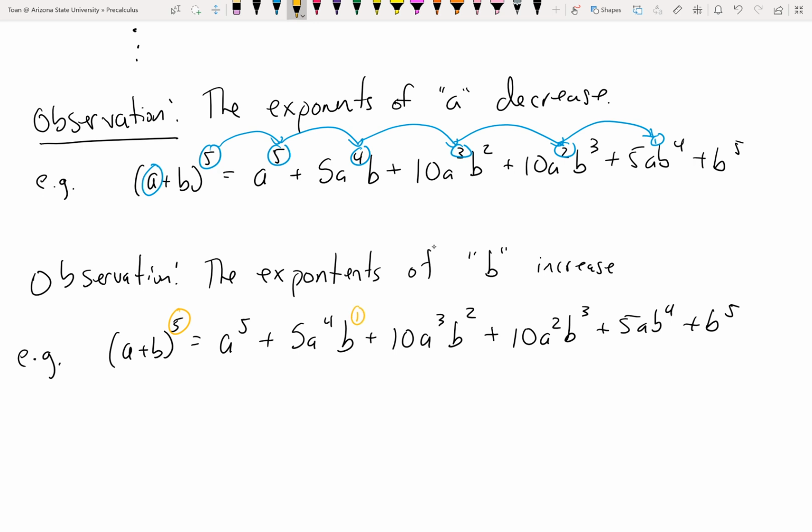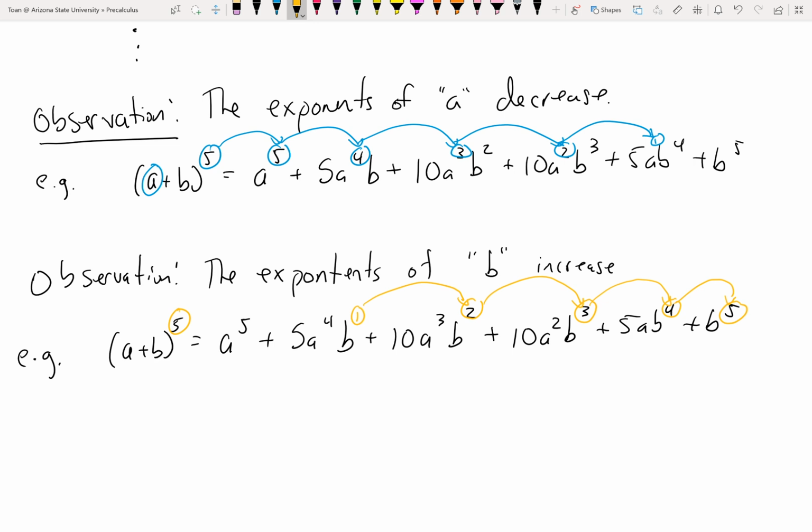Then you have b to the 1, move on to b squared, b cubed, b to the 4th, b to the 5th. So that's actually a pretty easy pattern to know: when you're expanding a binomial, as you progress through the terms, the first term of the binomial will get all of the exponent first, and then you gradually decrease it by 1. Whereas the second term starts with none of the exponents, and then you gradually increase it up.